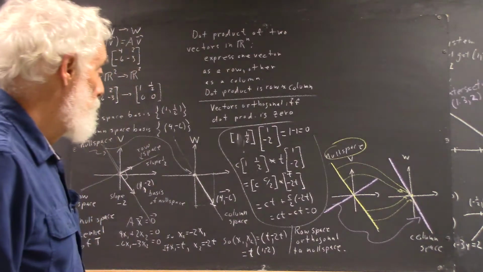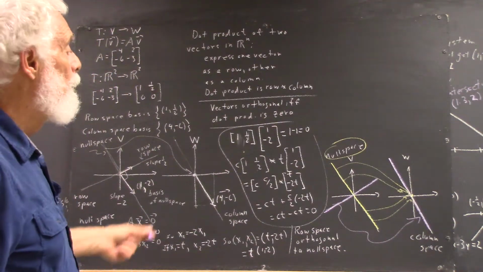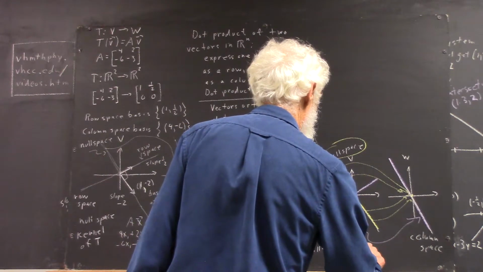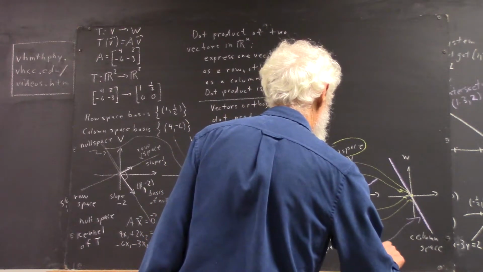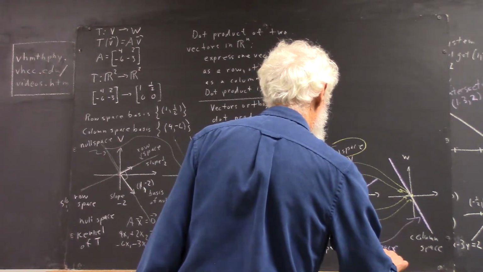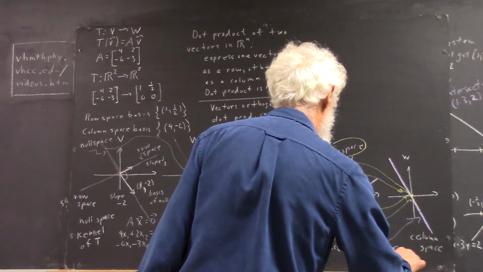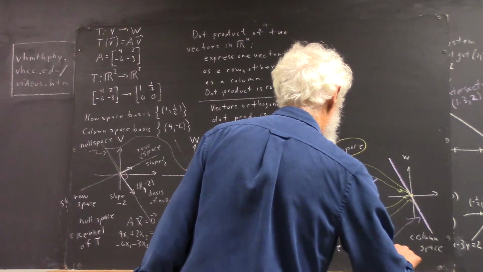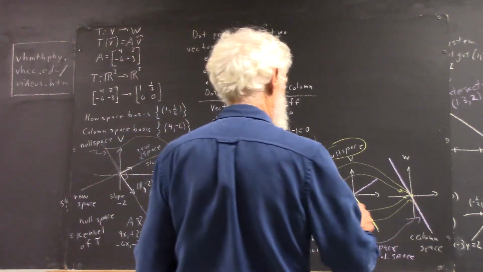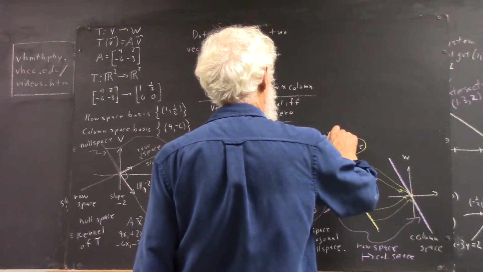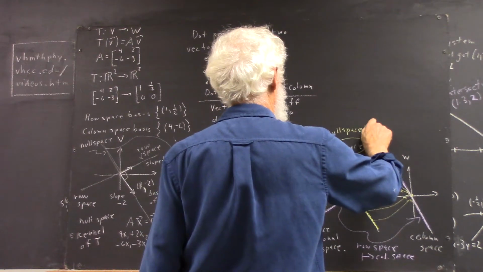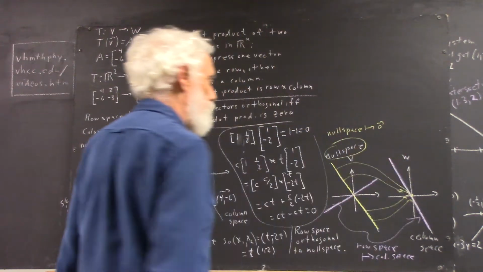Okay, so the row space maps to the column space. And null space maps to the 0 vector.